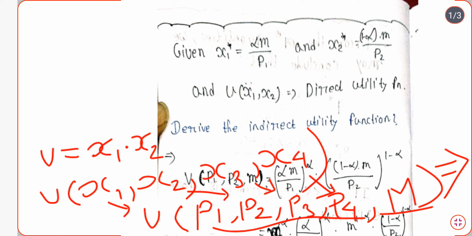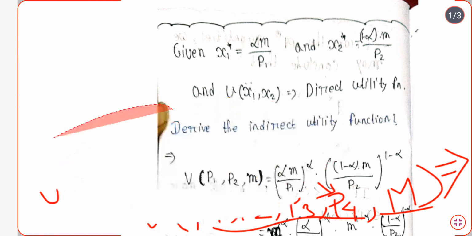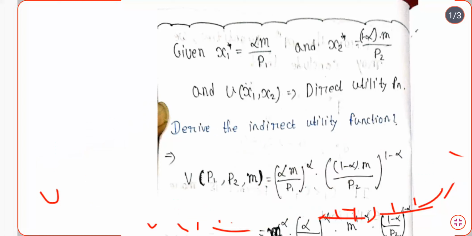Okay, now here a mathematical or numerical problem is given to us. Let me clear the board. Now here in this numerical problem, x1 star is given as alpha into m by p1 and x2 star is given as 1 minus alpha into m by p2, and utility is a function of x1 and x2, that is a direct utility function.